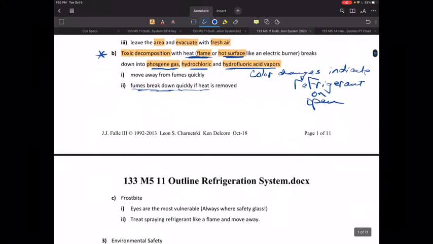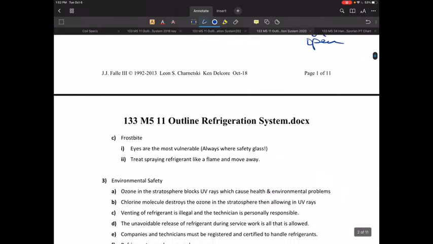So the next safety item that we have to deal with, which is also a big one, is going to be frostbite. One of the things that concerns us with frostbite is that probably the biggest thing you're really worried about is your eyes. If something were to happen where you had refrigerant, especially liquid refrigerant, make it into your eyes, it would almost inevitably cause blindness, and that would be an issue.